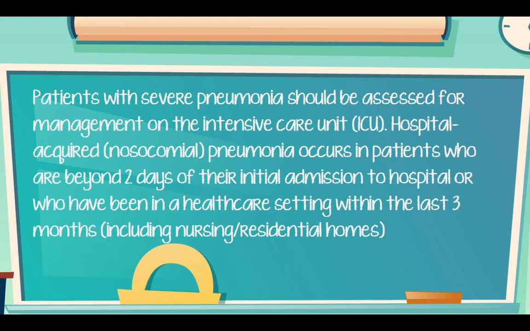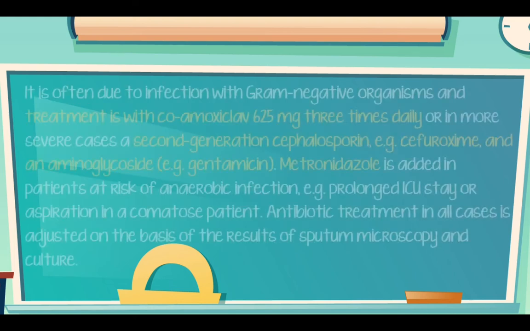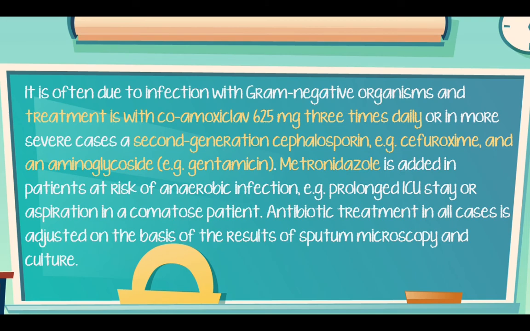Hospital-acquired nosocomial pneumonia occurs in patients who are beyond 2 days of their initial admission to the hospital, or who have been in a healthcare setting within the last 3 months, including nursing/residential homes. It is often due to infection with gram-negative organisms, and treatment is with co-amoxiclav 625 mg 3 times daily, or in more severe cases second-generation cephalosporin, such as cefuroxime, and an aminoglycoside, such as gentamicin.